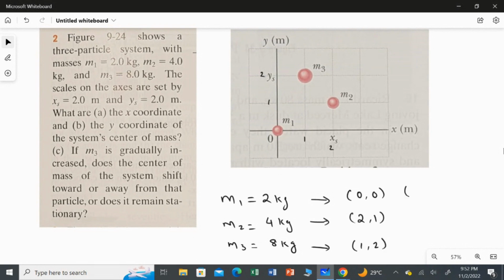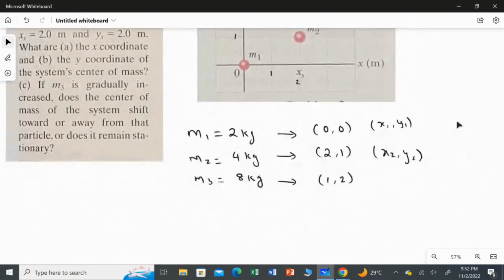Let's call these x1, y1, x2, y2, and x3, y3.